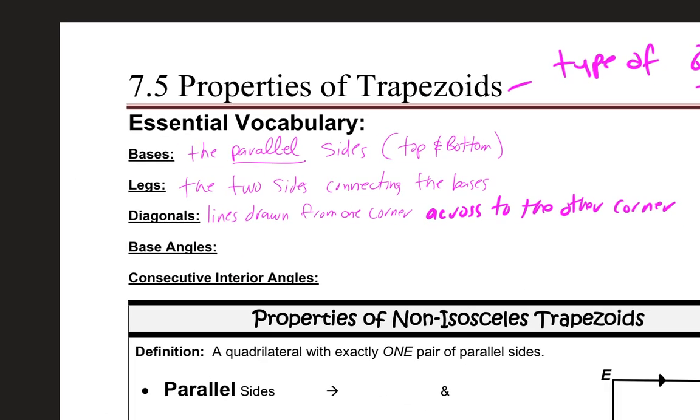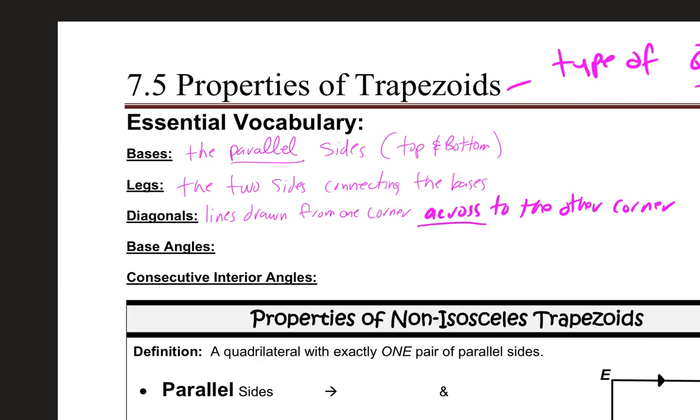Then we're going to talk about base angles, using that base. The base angles are the angles at each end of the bases. So those are called the base angles.